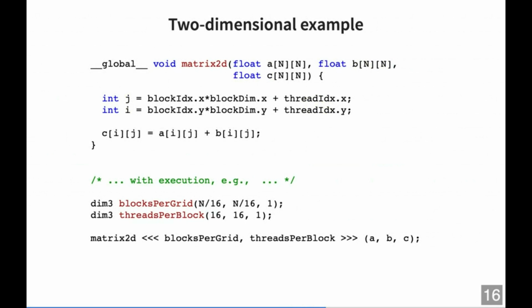Okay, so that's a one-dimensional problem. One could then naturally think about a two-dimensional problem. For example, if we had a matrix or an image, we might have some arrays declared in a two-dimensional fashion.